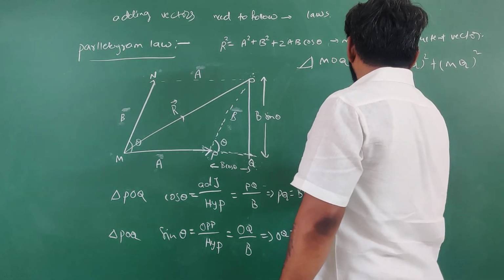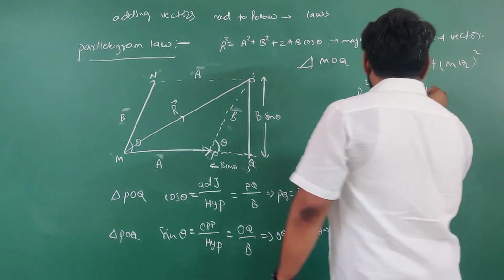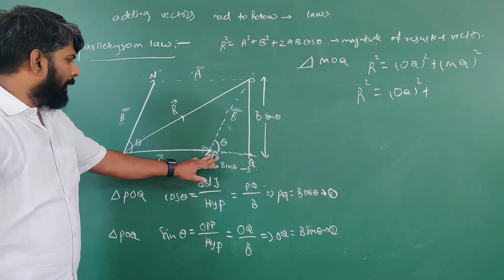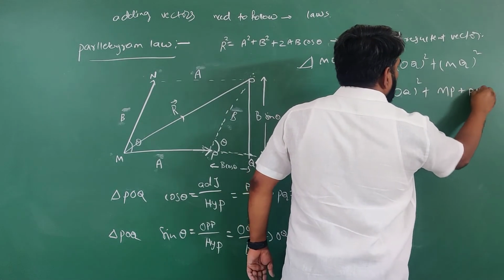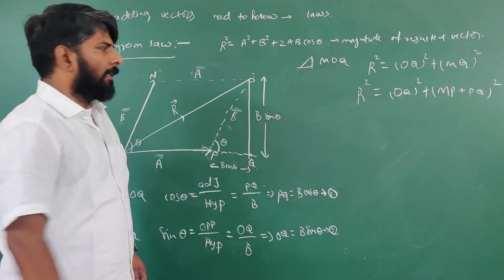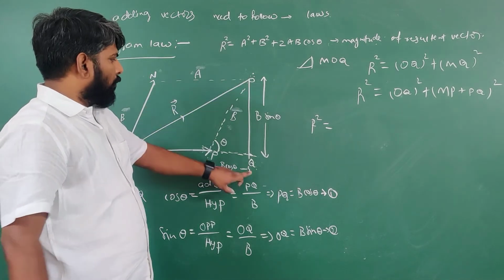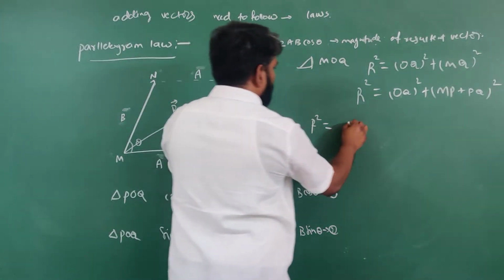So R square equal to OQ whole square plus, in place of MQ I am writing MP plus PQ, whole square. Okay? So observe here carefully. R square equal to OQ. OQ is equal to B sin theta.